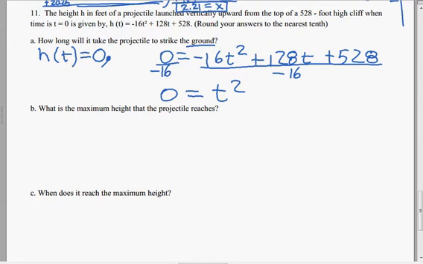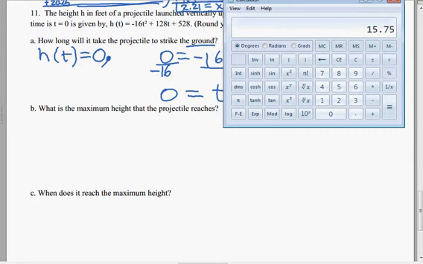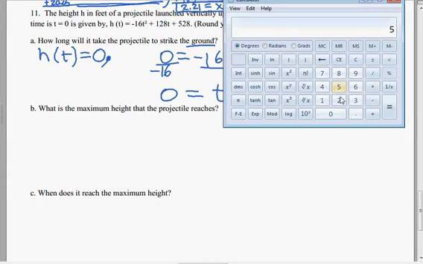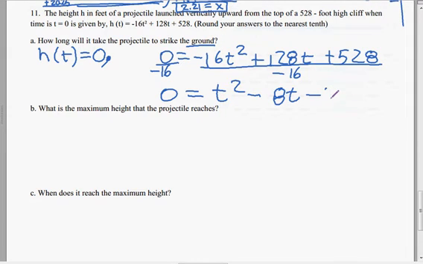I have t squared minus 128 divided by 16 gives me 8, minus 8t, and 528 divided by negative 16 gives me negative 33.